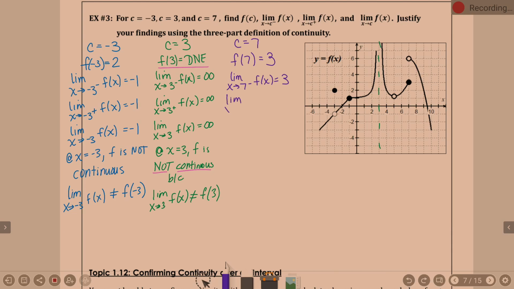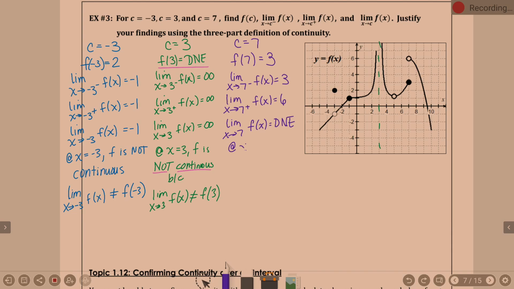What is the limit as x approaches 7 from the right? 6. Are we good with 6? Now, what's that tell me about the limit? Okay, that limit does not exist. So limit as x approaches 7 of f of x does not exist.